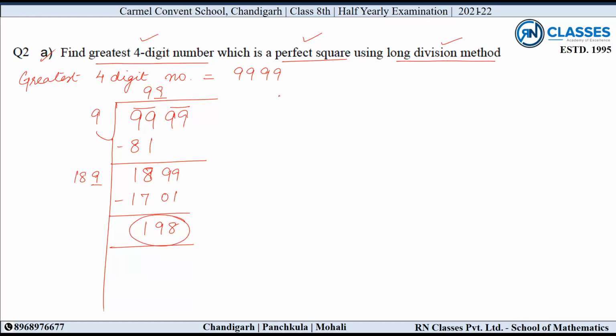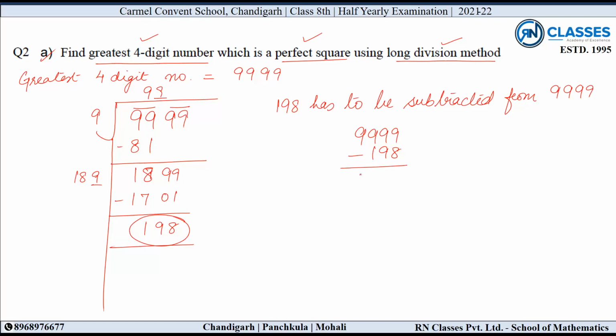So 198 has to be subtracted. You have to write it down, subtracted from 9999. So we'll subtract it. 9999 minus 198.